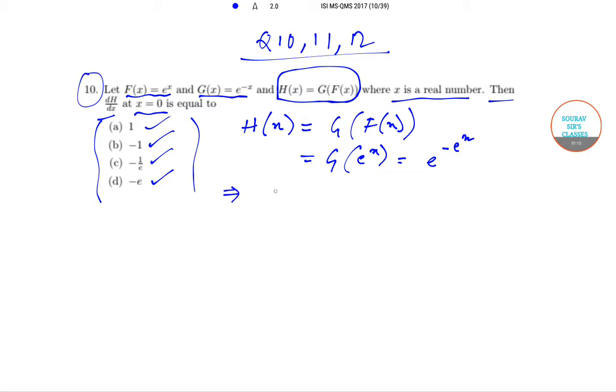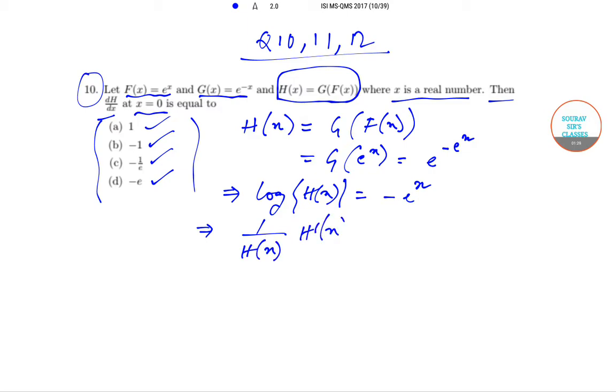If we take log on both sides, then log of h of x will be equal to minus of e to the power x. On differentiating, we get 1 by h of x, h dash x is equal to minus of e to the power x.